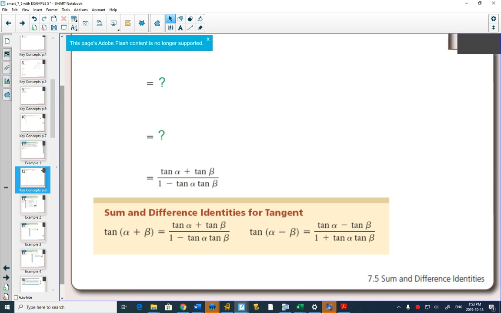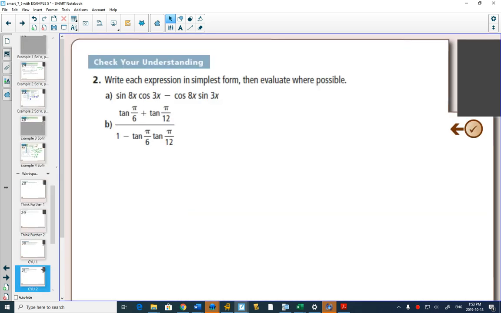So now we're going to look at example 2. Write each expression in simplest form and evaluate where possible. So part A, we see sine cos and cos sine all together, 4 of them. That should trigger you to say it's one of these formulas.